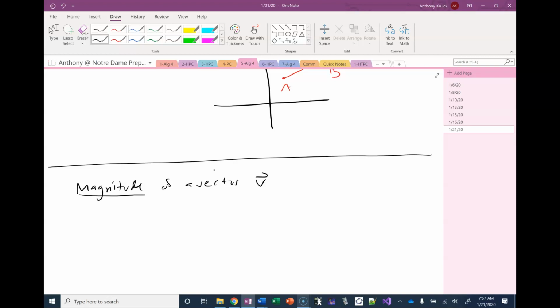In a text, you'd either see the arrow hat on top of it, or oftentimes you'll use a boldface on the character v to indicate that it's a vector quantity as opposed to a scalar quantity. That's what your notes that I posted to PowerSchool have, the typed out notes. Just so you know, when you're reading that, when you see the boldface letters, those are representing a vector as opposed to a scalar.